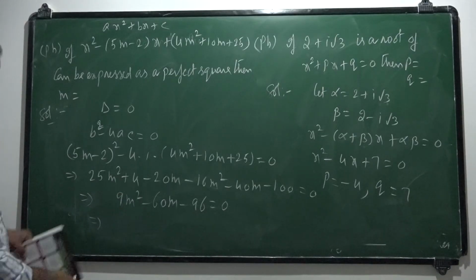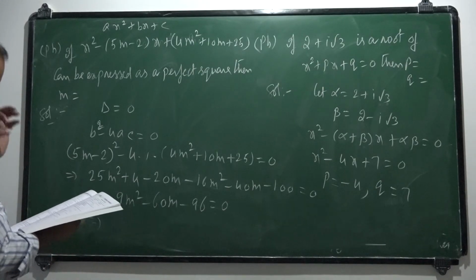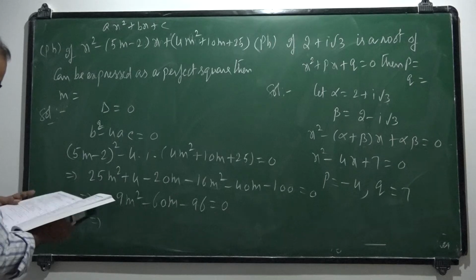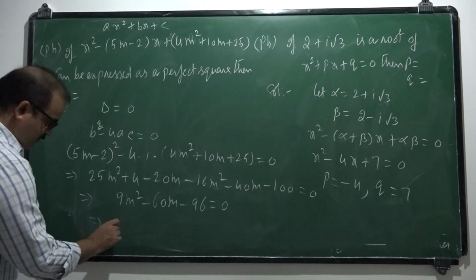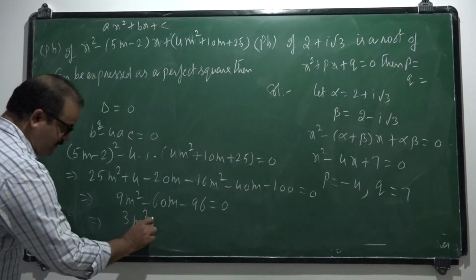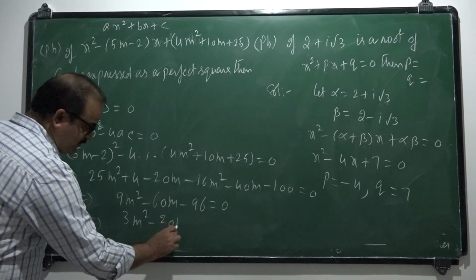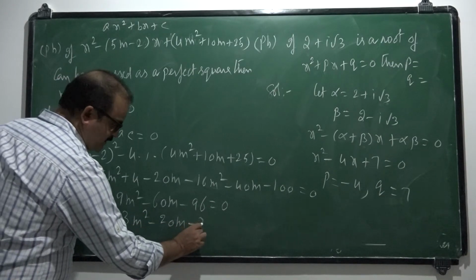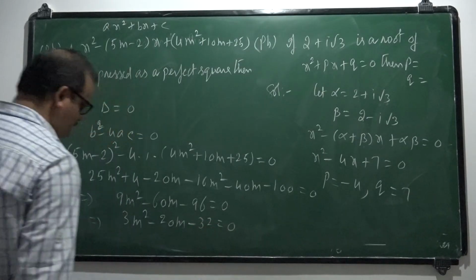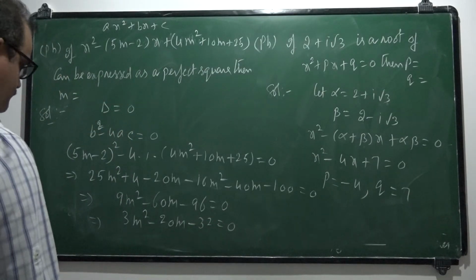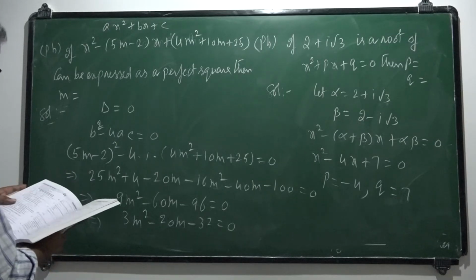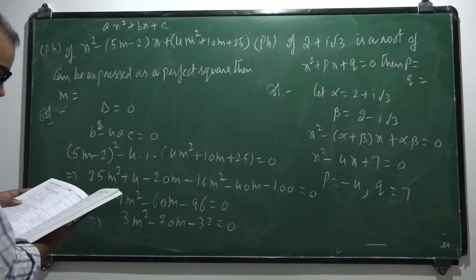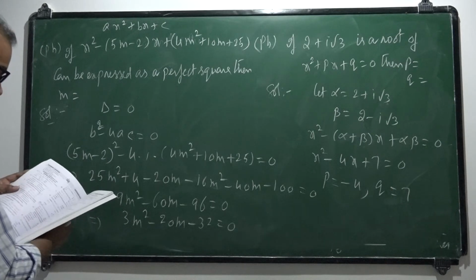Simplify and find m value. Take 3 common, 3m square minus 20m minus 32. Solve and find m value.